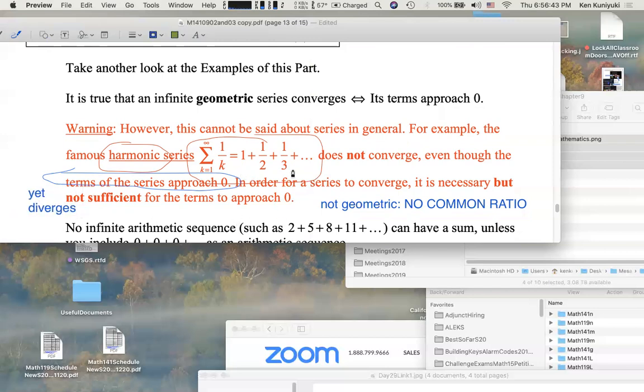It's not enough for the terms to approach zero, okay? When does an infinite series have a sum? We have clean rules for geometric series, but otherwise, in Calculus 2, you have like 11 tests for convergence or divergence, and they often don't tell you what the sum even is, if there is a sum. It's a challenge just to know, does it converge or diverge, right? So this is the easiest series where the terms approach zero and yet diverges.